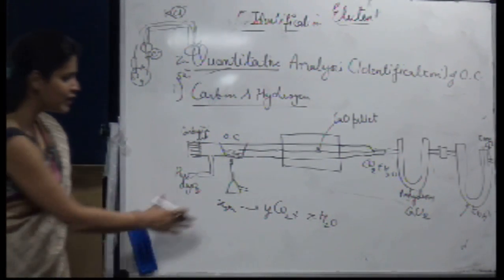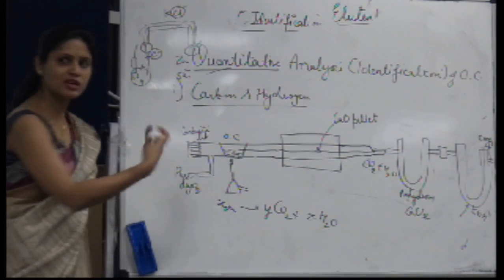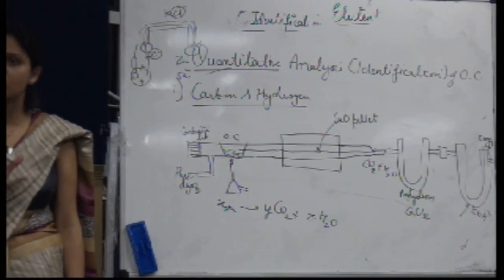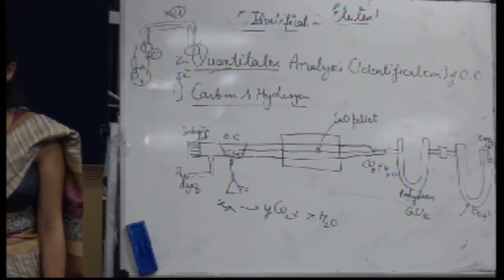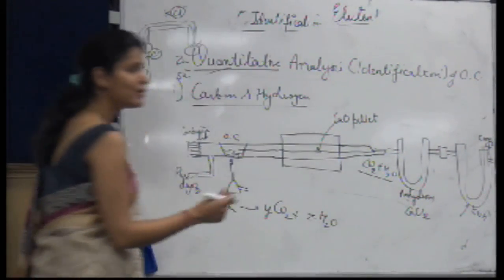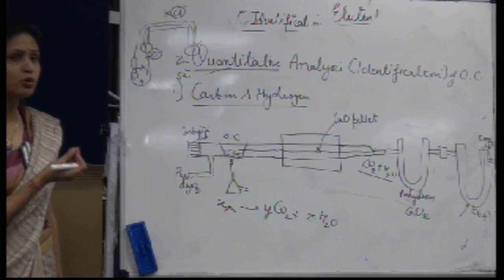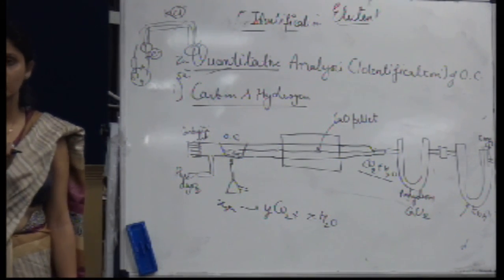Since I already know the amount of organic compound taken, and the amount of products formed, I can find the percentage of carbon or hydrogen present in it. So I need to quantify the amount of carbon dioxide and water vapors.